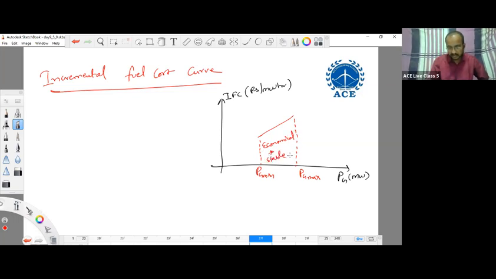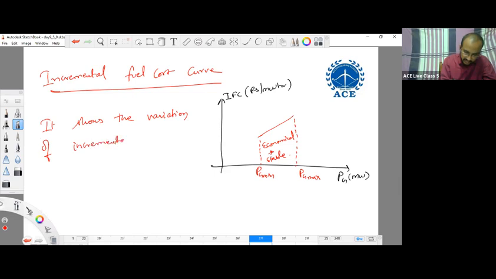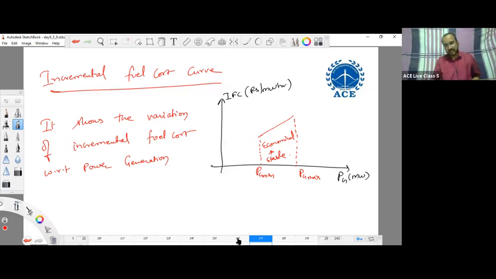So the incremental fuel cost curve shows the variation of incremental fuel cost with respect to power generation in megawatt.